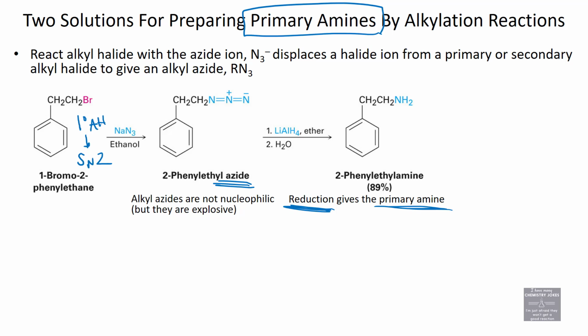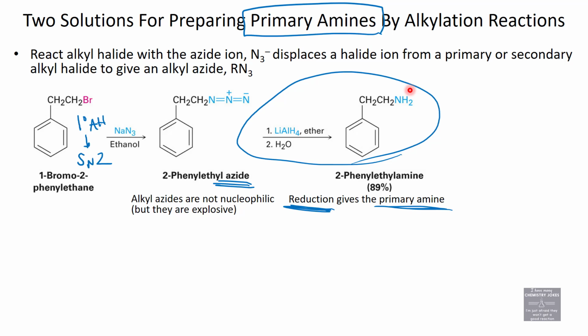The reduction conditions are such. We're not going to talk about the mechanism of how this lithium aluminum hydride, LiAlH4, works right now. We're going to talk about it next semester. But lithium aluminum hydride gets rid of 2 nitrogens and puts 2 hydrogens in their place. We end up with a primary amine.